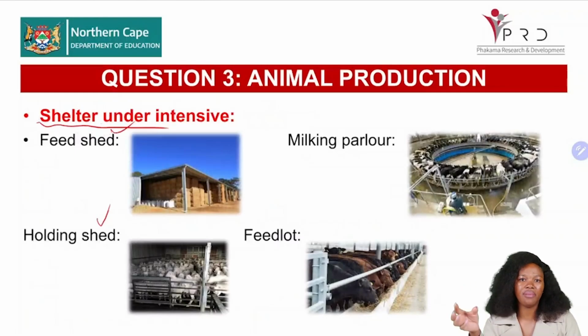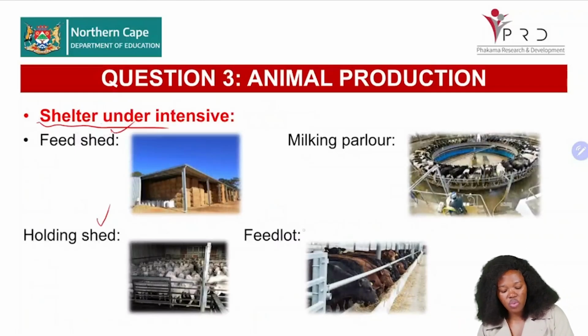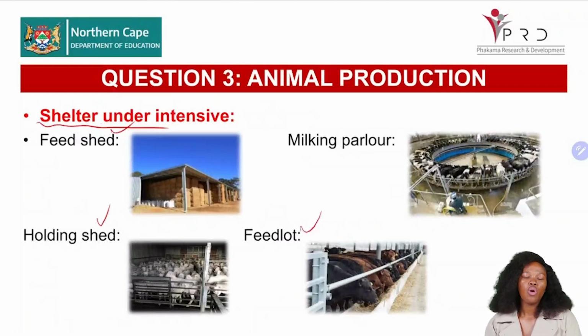It is there to keep animals for a short period of time before transportation, maybe for 3 to 4 days. Another one, we have a feedlot where animals are fattened, and the milking parlor where animals are milked.